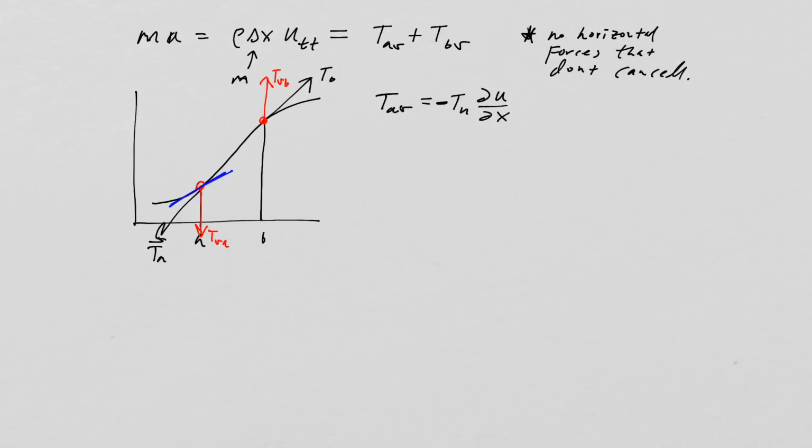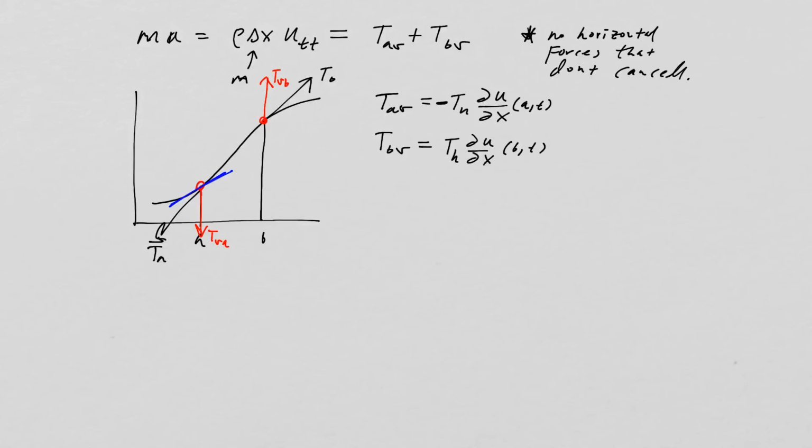Likewise, on the other side, TBV, we're going to get a positive force, TH times the derivative. That's just because we have an orientation convention that we have to adhere to. Because it's on the left side, we negate it. On the right side, we don't. So we're going to evaluate that at a comma t, and this at b comma t.